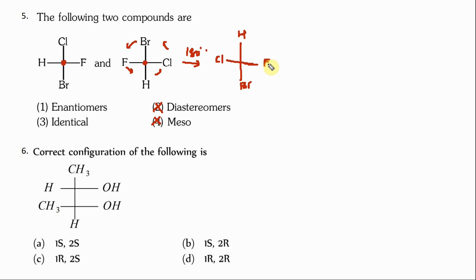Alright, now I have done this. My fluorine is here, good. My bromine is here, good. Chlorine and hydrogen need to be flipped. So if one is flipped, I get this molecule. Since one flip gives the opposite molecule, these two are enantiomers.